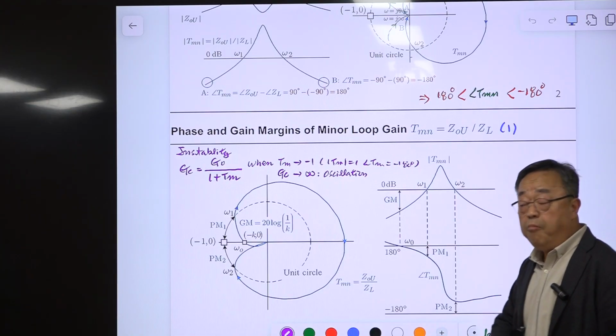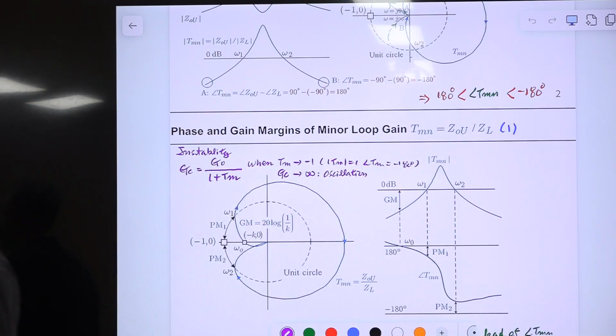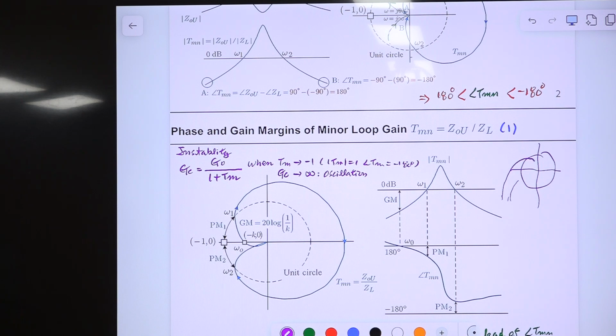For the conventional case, you are dealing with this system, and the system is stable, and this is a unit circle critical point, and this angle is phi. Then phase margin is phi.